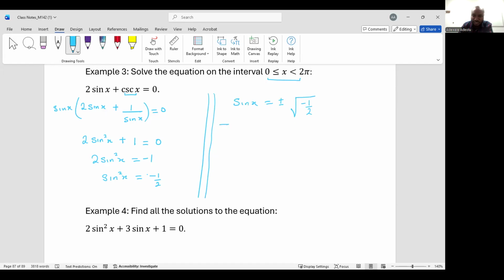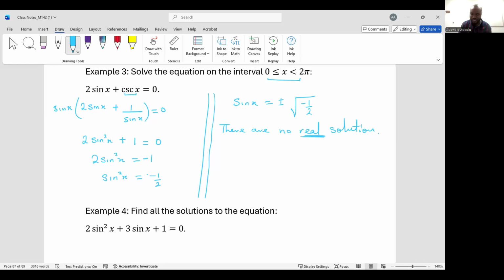Well, here we can say there are no real solution, because we cannot take the square root of negative 1 half. So we say no real solution.